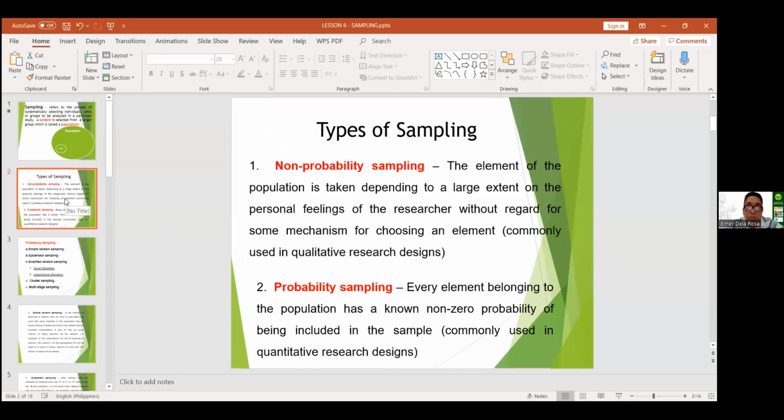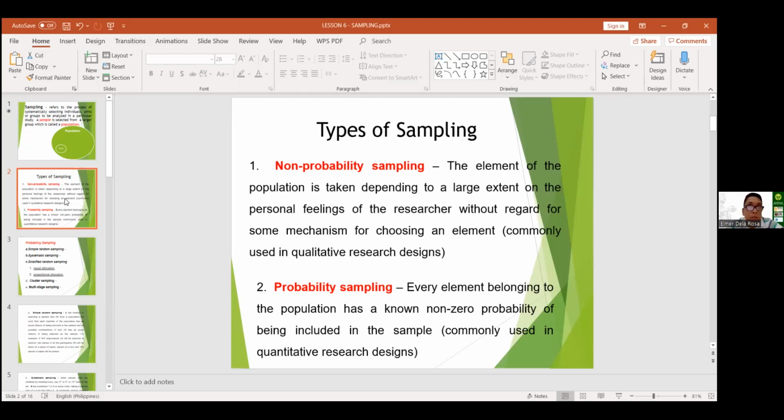So there are two broad types of sampling. We have the non-probability sampling and the probability sampling. The first one is the type of sampling that we commonly use in qualitative research designs. So it is non-probability. By definition, the elements of the population are taken depending to a large extent on the personal feelings of the researcher without regard for some mechanism for choosing an element.